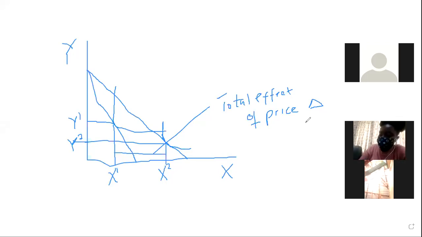The total effect of a price change can be decomposed or divided into two effects. So the total effect, which I'll call TE, can be divided into two.